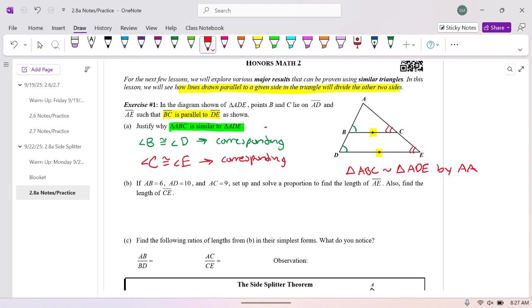Let's say I didn't realize that one of those two we already found was corresponding. It's the reflexive property. So we could also say that angle A is congruent to itself because of the reflexive property. As long as you stated 2 out of those 3, you could have easily shown that they were similar by angle-angle.